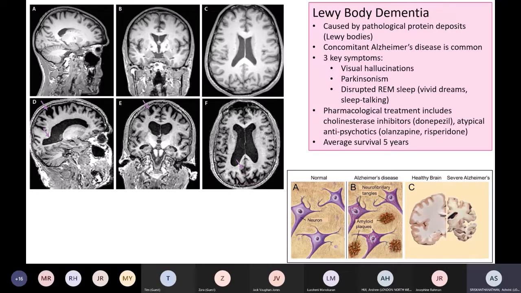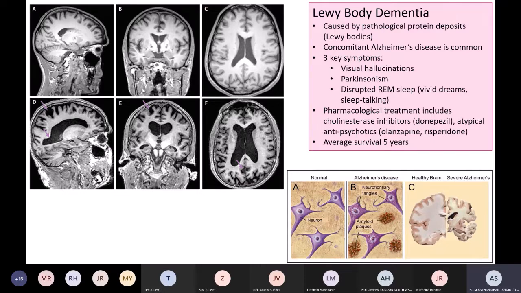Another form of dementia which gets mistaken for Alzheimer's and occasionally Parkinson's as well is Lewy body dementia. That's also caused by protein deposits, so your alpha-synuclein deposits, which form these Lewy bodies in the brain. But the key features of this are the visual hallucinations, the Parkinsonianism, and disrupted REM sleep.